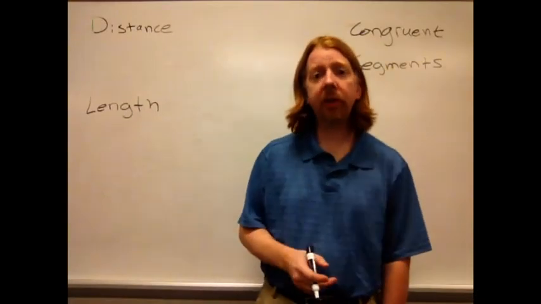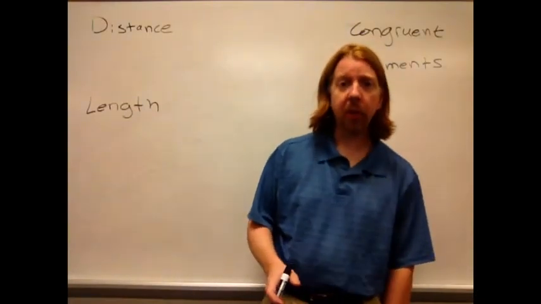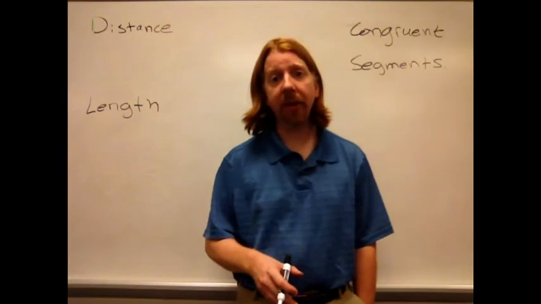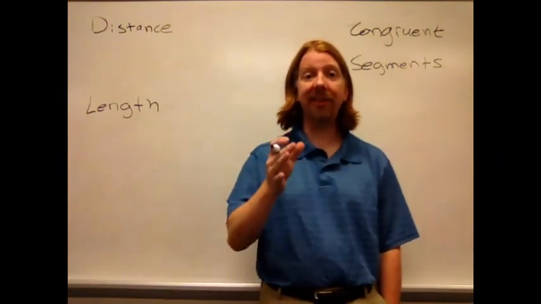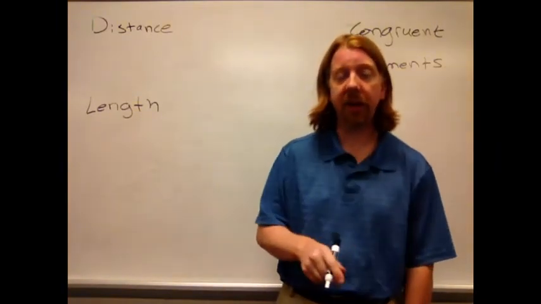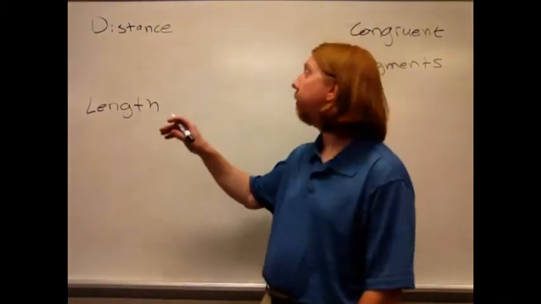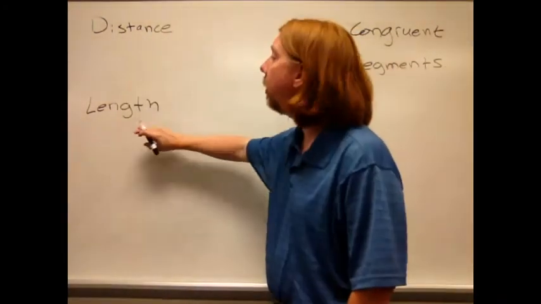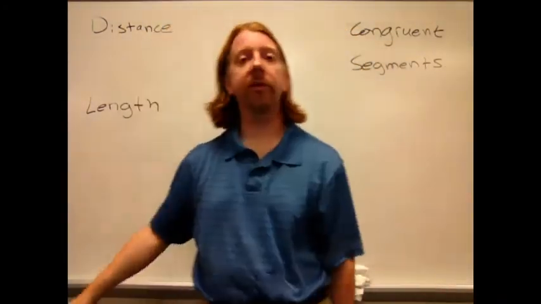Alright, as we move into 1-2, we have a couple of bits of vocab to pick up before we get to the big idea, which is the segment addition postulate. That's coming up. Before we do that, we need to establish definitions for distance, for length, and for congruent segments.